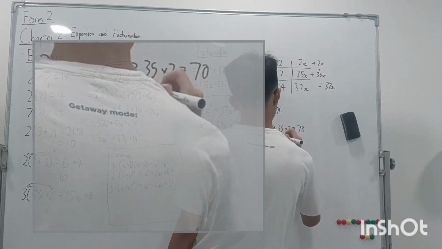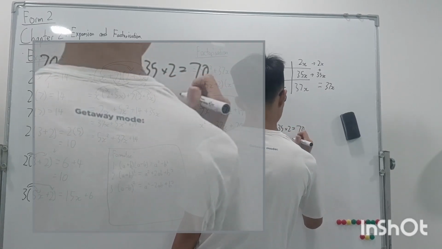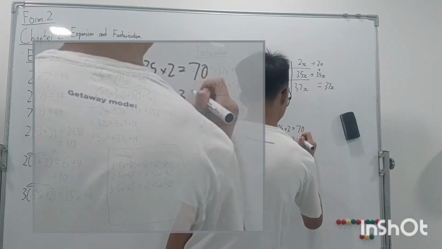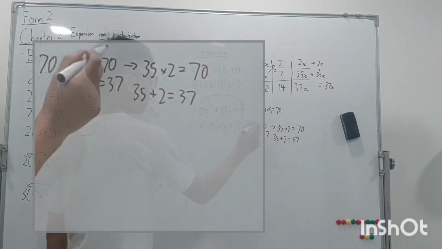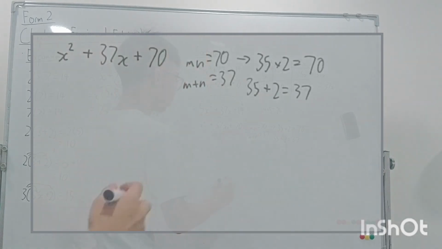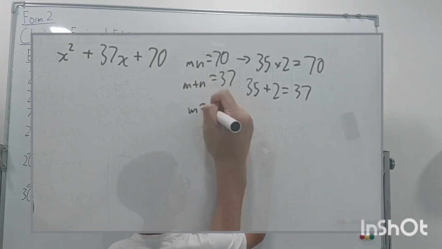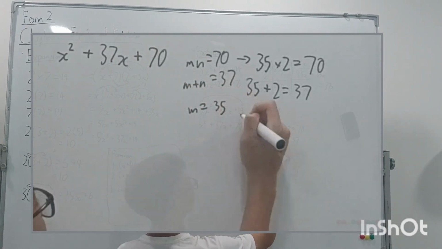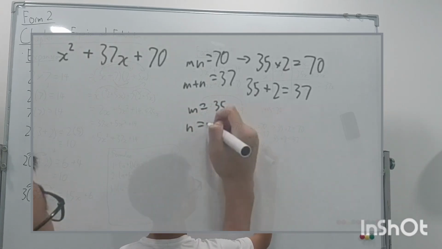And 35 plus 2 is 37, which is the exact same answer. So now we know that m is equivalent to 35 and n is equivalent to 2.